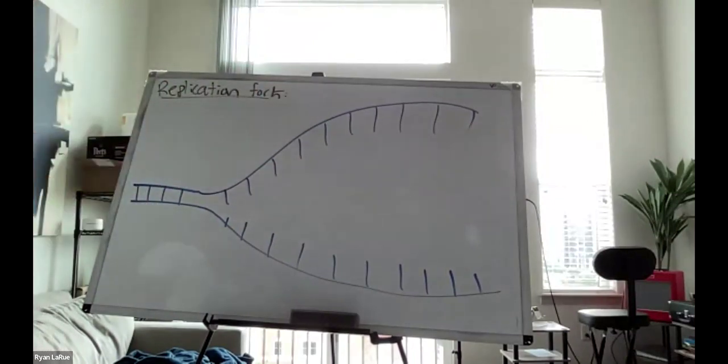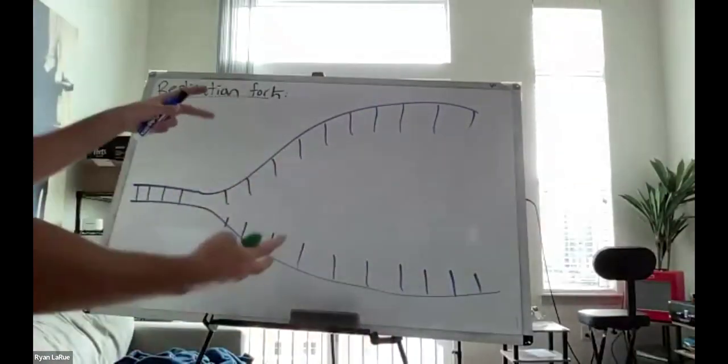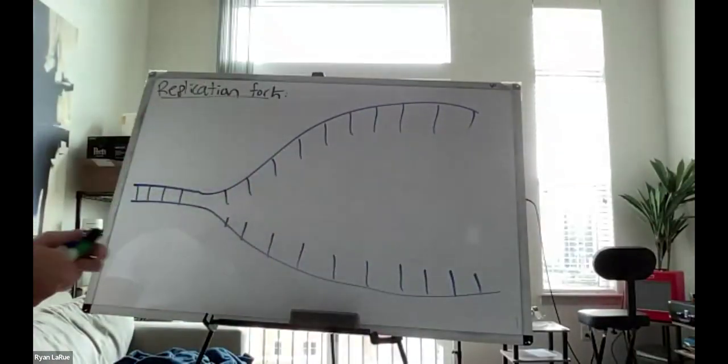We're going to hop back and forth from the slides to here to define what's happening. And by that, I mean, there's a lot of enzymes that play roles in replicating DNA. And the very first one we're going to talk about is the one that separates the two strands of DNA.